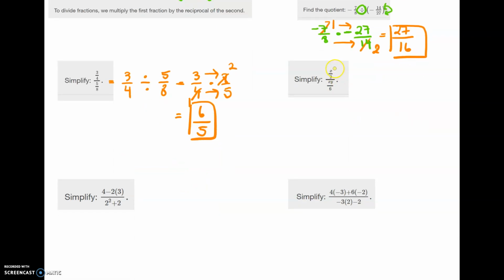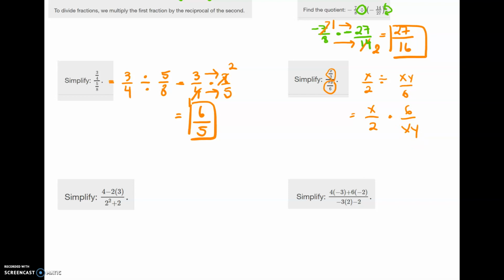Again, my numerator, my first fraction is x over 2. And I'm going to rewrite that as a division problem. And my denominator is xy over 6. And I can rewrite that as a multiplication problem. You keep the first fraction the same times the reciprocal of the second. So it's 6 over xy.